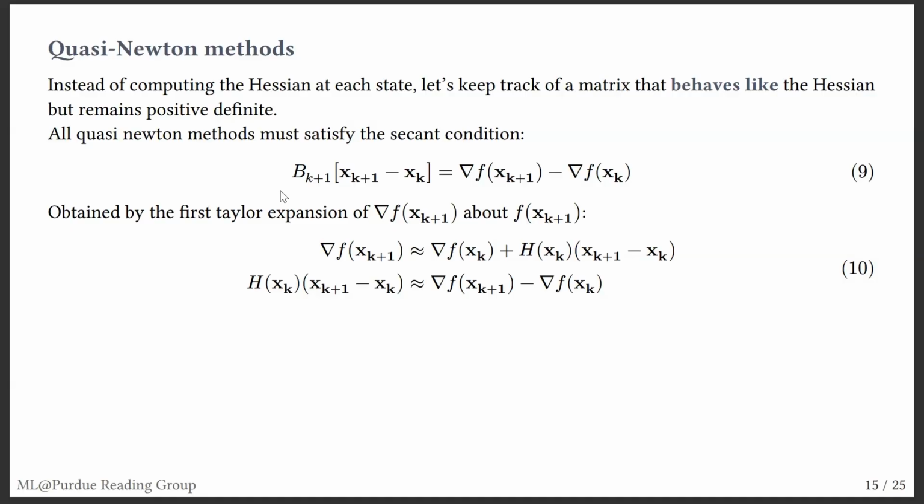We're never going to actually compute the Hessian; I'll get to the actual Hessian later on, but for now we just have B, and we're going to see how we can update B over time so it always behaves like the Hessian. So at every iteration of the quasi-Newton steps, we're going to update what B is.